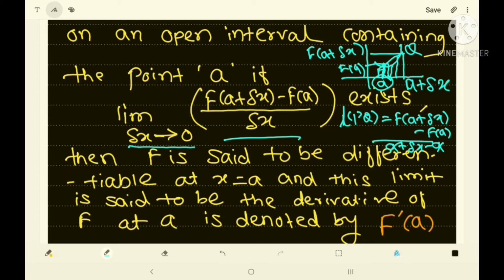Delta x is nothing but a small increment, which is 0 here. Then you can write limit delta x tends to 0, f of a plus delta x minus f of a over delta x. There x gets cancelled and the remaining term is delta x inside the denominator.